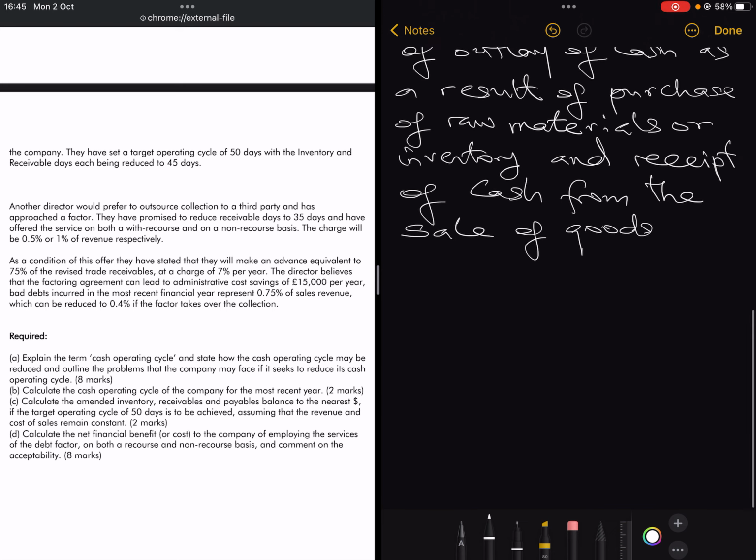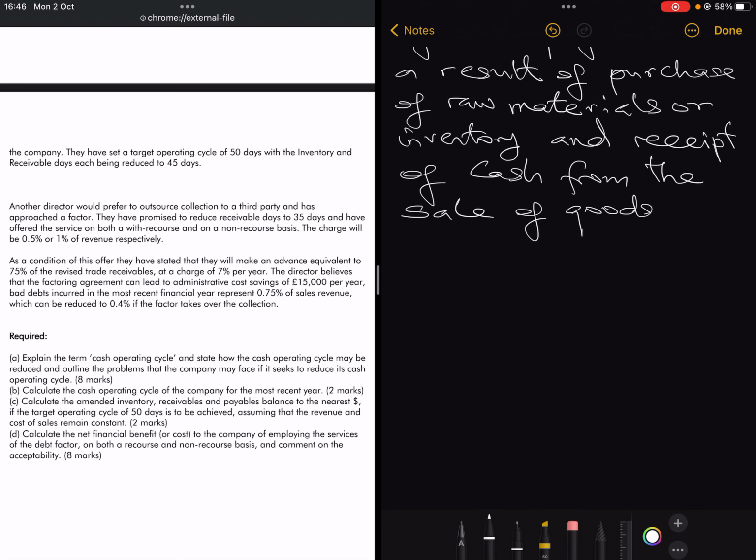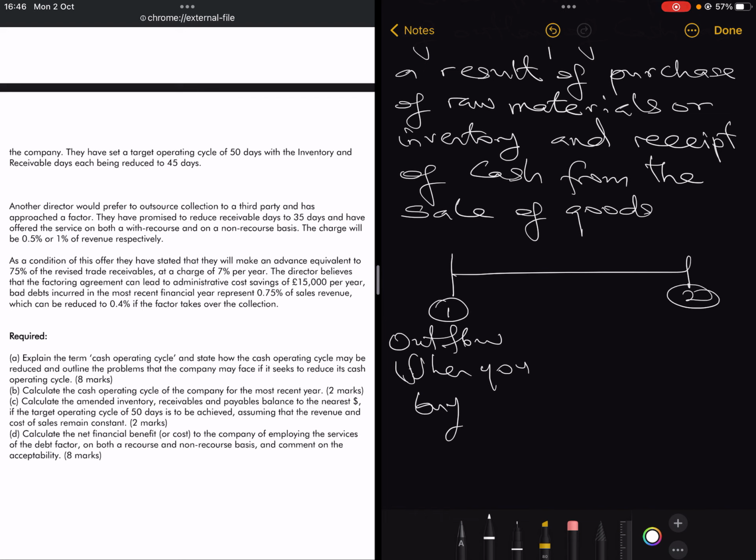So remember what I said, it's a length of time between 2 periods. Period 1 is outflow when you buy, and period 2 is inflow from sale. So this period is your cash conversion cycle.